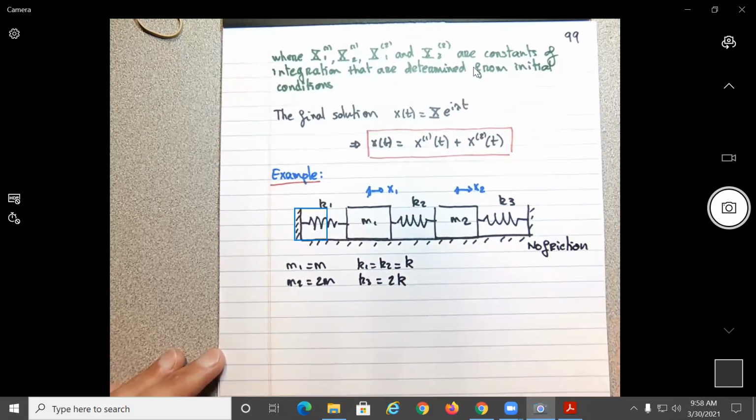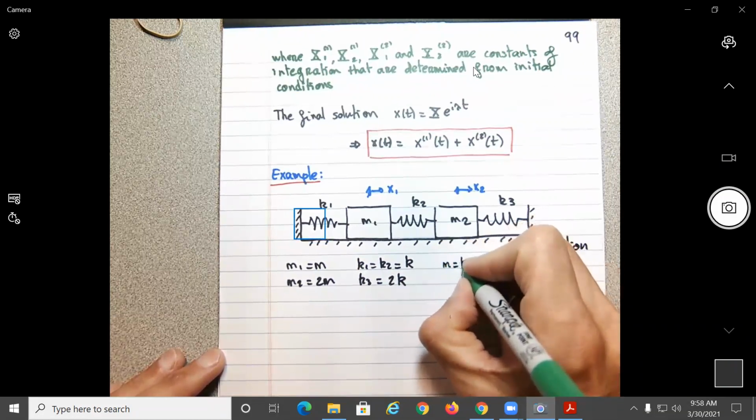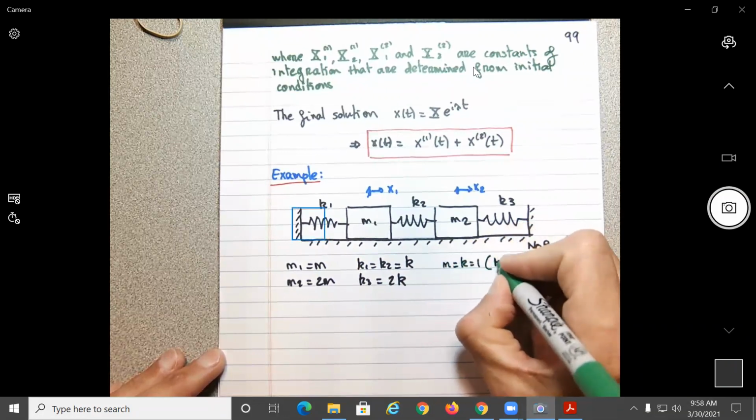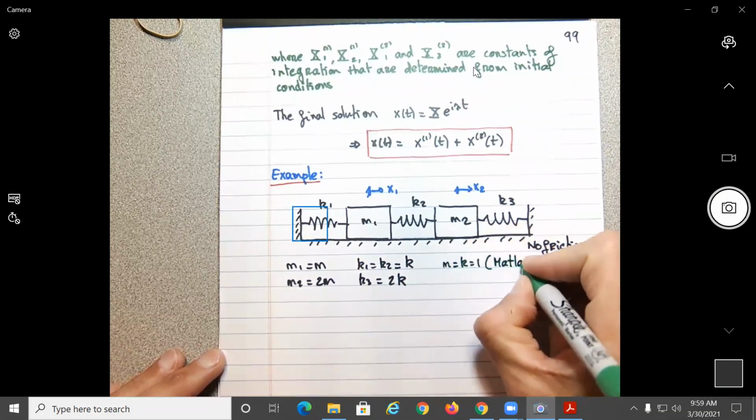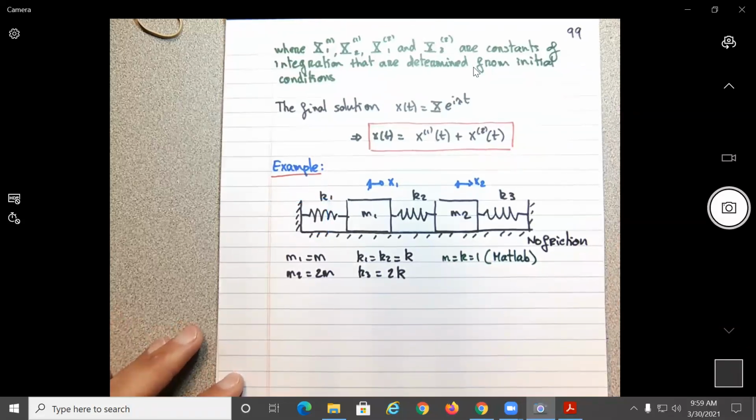Okay, and here, this is just for the MATLAB code. In the MATLAB code, I'm just going to say M equal K equal 1. This is just for MATLAB, okay? It's not needed for the derivation. But in MATLAB, you need to put values, okay?